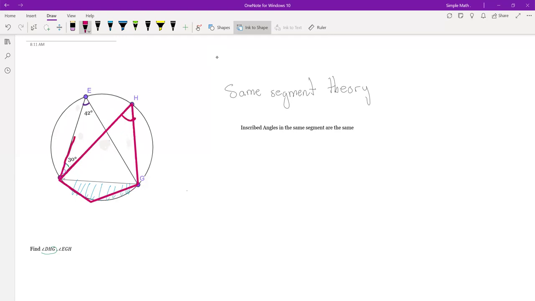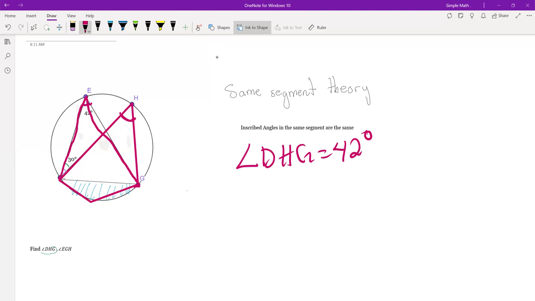Then we do like this, also the same arc. So these two angles are the same. So angle DHG is also 42 degrees.